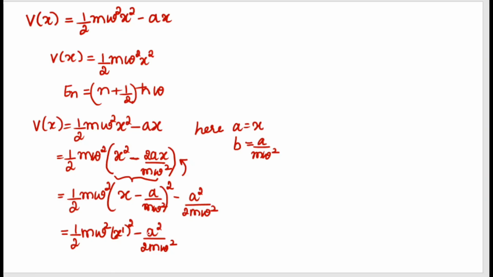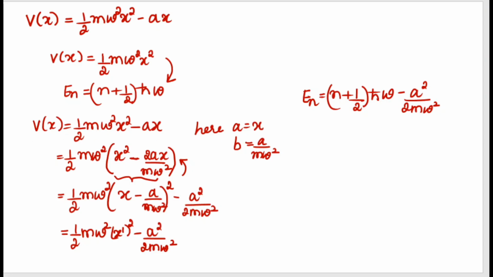So I can write the energy eigenvalue, En, which is equal to (n plus half) h cut omega minus a square divided by 2 times m omega square. This will be the extra term, and this is according to the formula. We have the energy eigenvalue equal to (n plus half) h cut omega minus a square divided by 2 times m omega square.